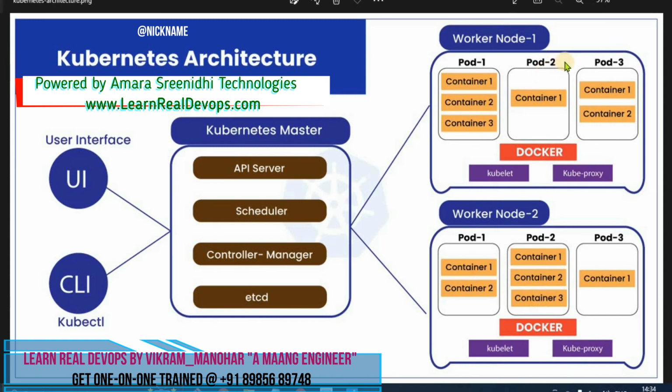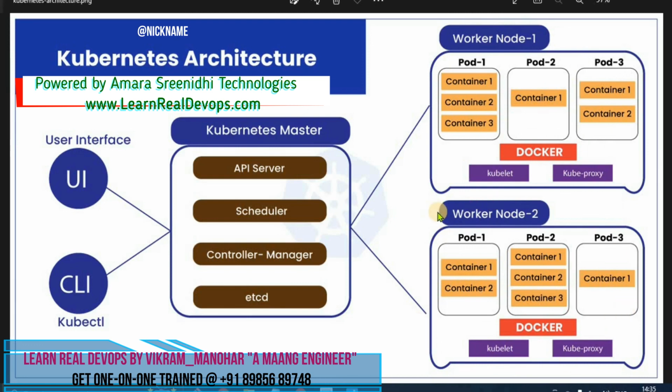Kubernetes will find the machine capacity on which pods have to be created, depending on the resources that you have given. So if I say I want 4 GB to create a container, it is not the container, but the pod that Kubernetes will be creating. Kubernetes will go and check which worker node has 4 GB of resources available.